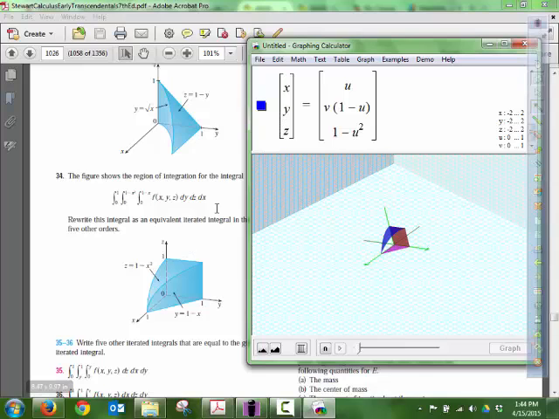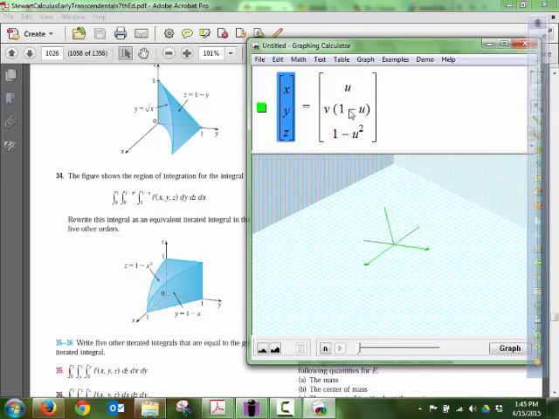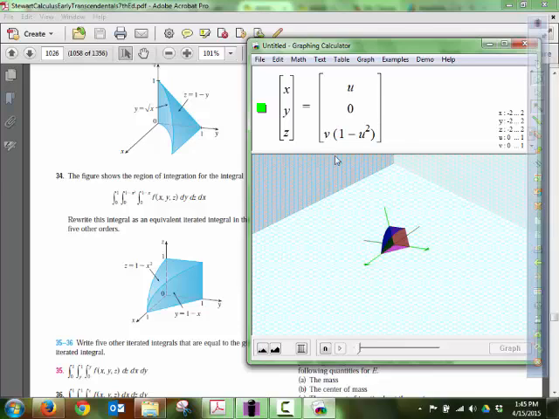Let's do the plane in the back. It's going to be u in the x, 1 plus u squared in the y, 0 in the z, or 0 in the y. And then I'll take this and add another parameter, v. There's that.